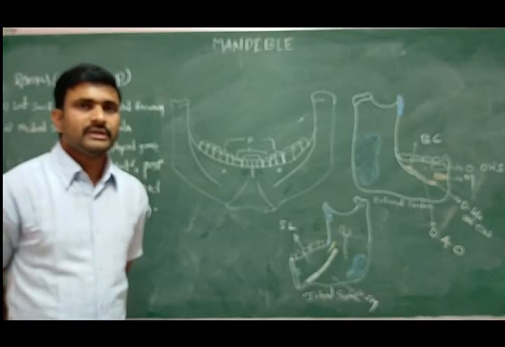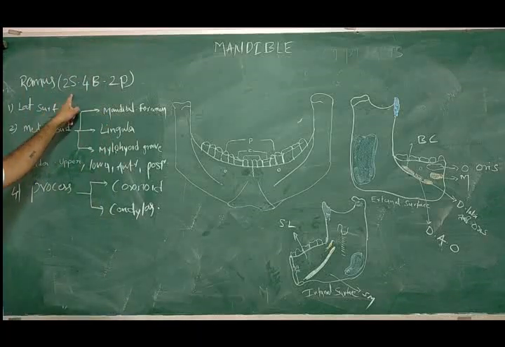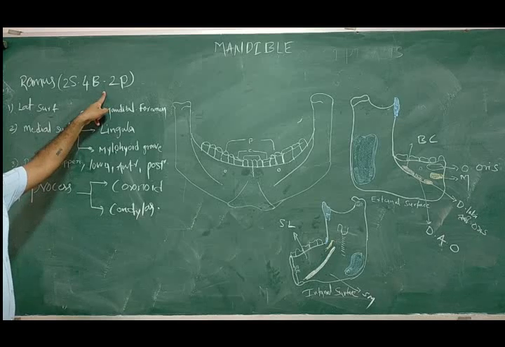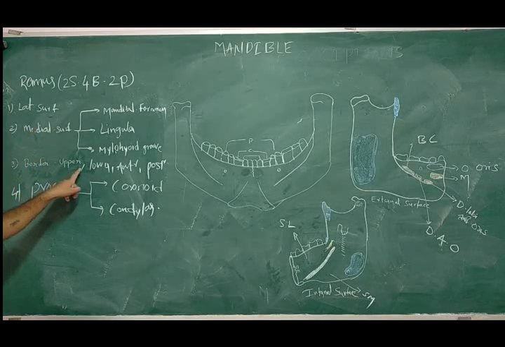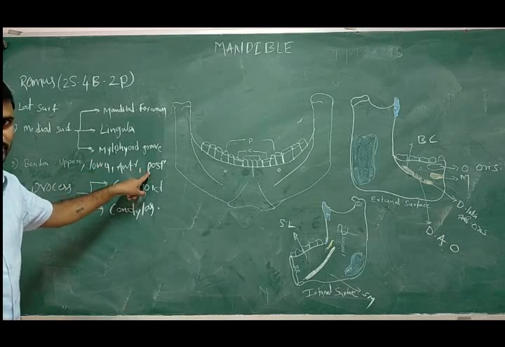Now next, come to the ramus. In the ramus, there are 2 surfaces, 4 borders and 2 processes. The 2 surfaces are the lateral surface and the medial surface, and the 4 borders are the upper border, lower border, anterior border and posterior border.